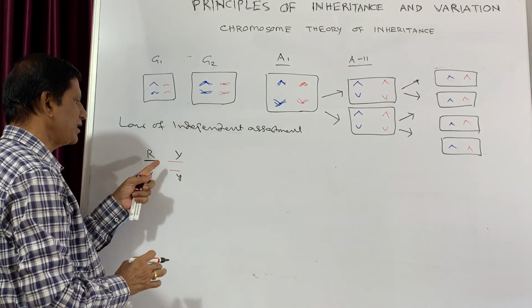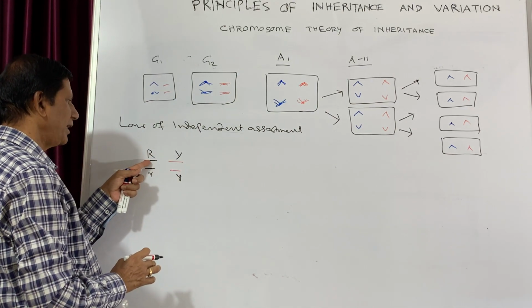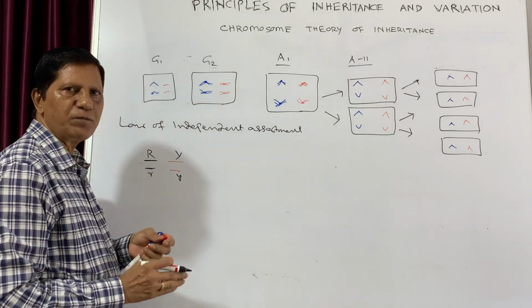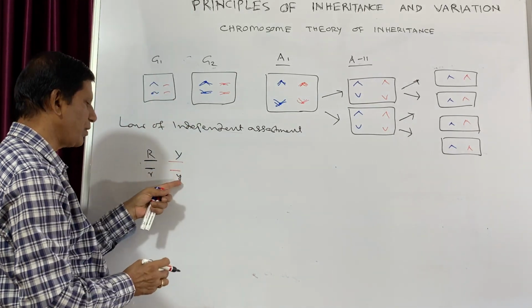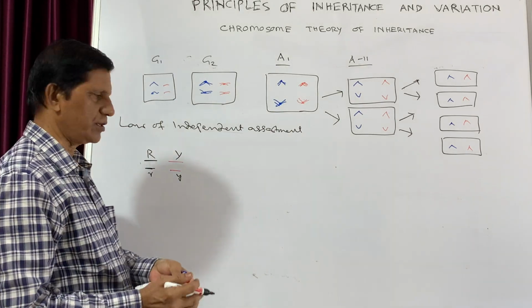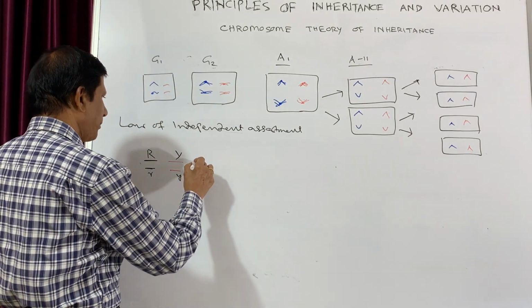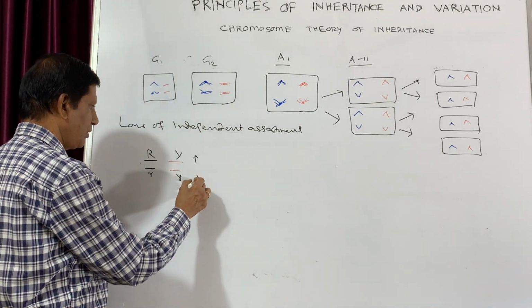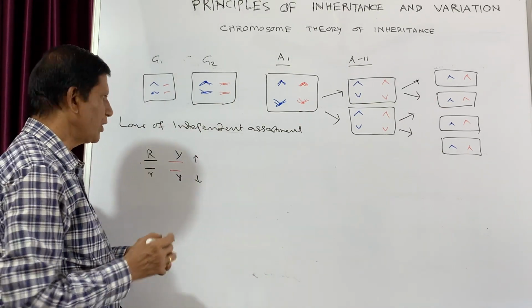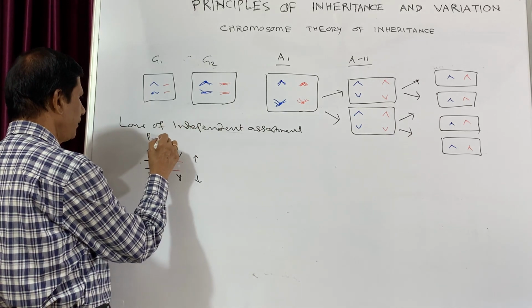That means in metaphase 1, the capital R and capital Y are present on one side, and the small r, small y are present on the other side. Now when separation takes place, these two will move to one side, these two to the other side. So this is probability 1.